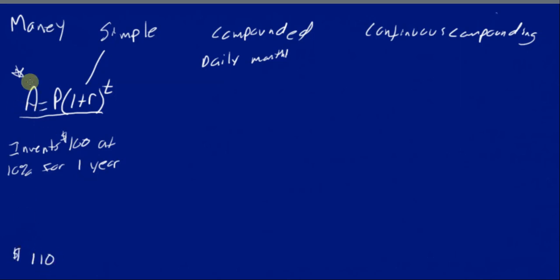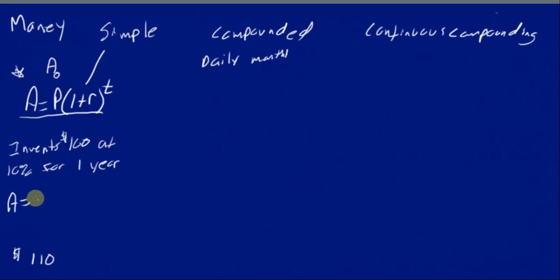Well, let's see. A is your ending amount. That's what I'm going to end up with. I don't know what I'm going to end up with. P is called your principal or your initial amount, and it can be written as A sub 0, amount at time 0. That should look familiar from some of the other word problems that we did.